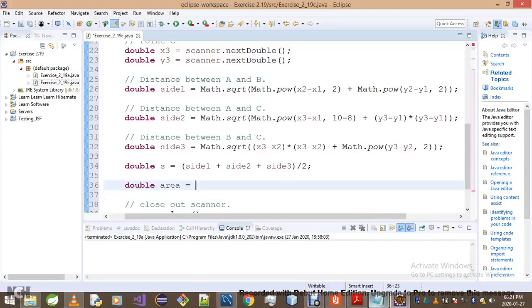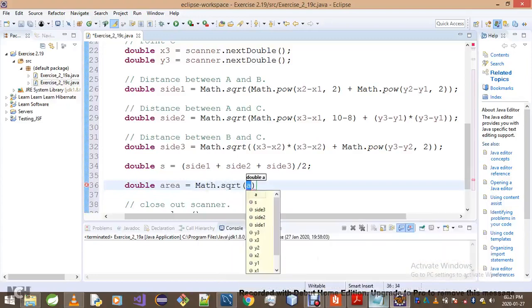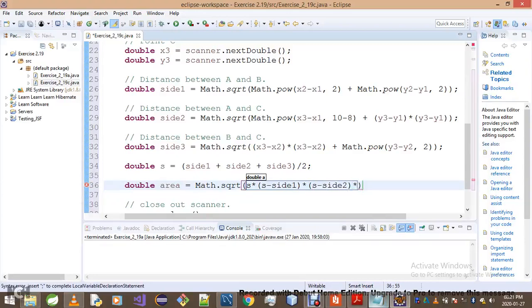So its area is simply the square root of s into s minus side 1 multiplied by s minus side 2 multiply that by s minus side 3.